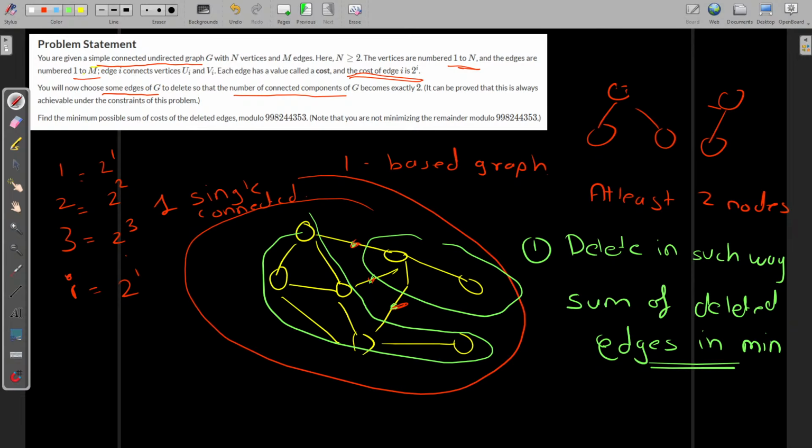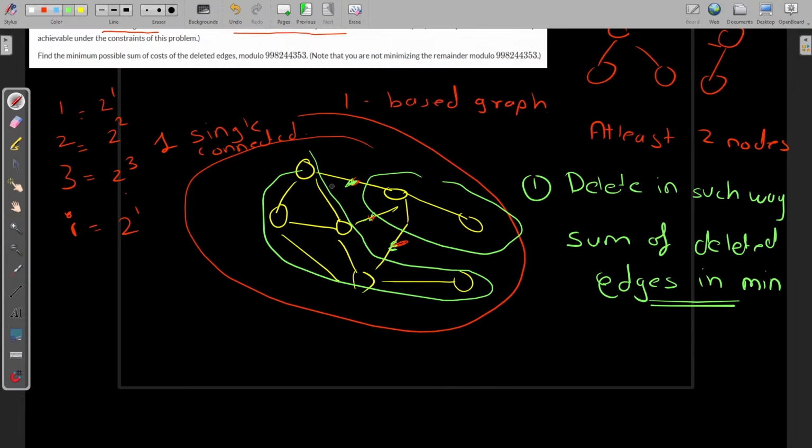Select some edges to delete. Let's say I delete these three edges. After the deletion of these three edges, the sum of these deleted edges is minimum, and the graph is divided into two components. I could also have selected some other edges, like if I deleted this edge and this edge, then these two would fall into one component and all the rest would fall into another component.